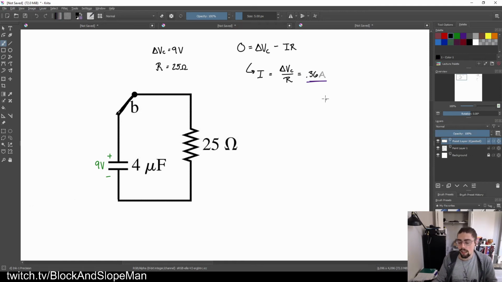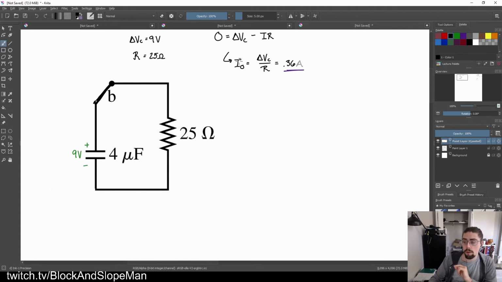Now, I need to specify, this is my current at the very, very beginning, the instant that I close the circuit. And it's important to get this one right because these other values as they follow will depend on this.